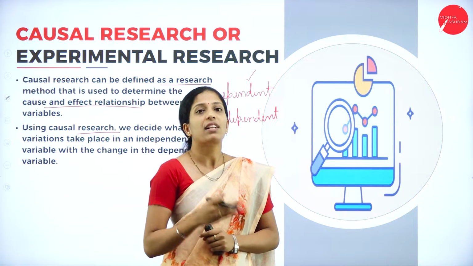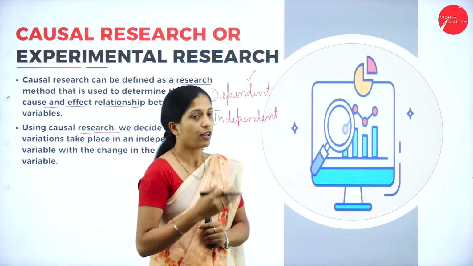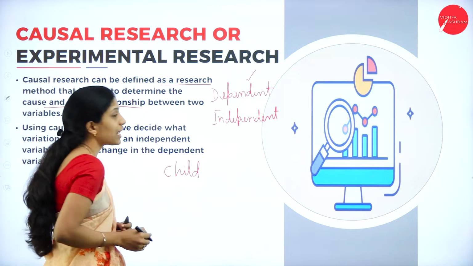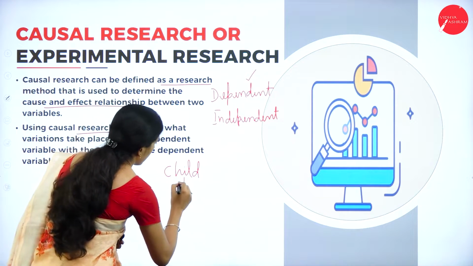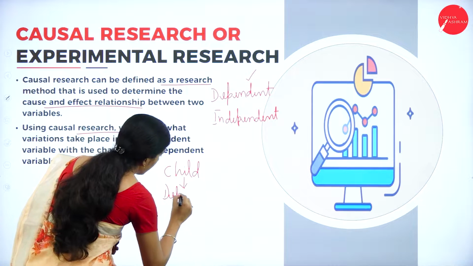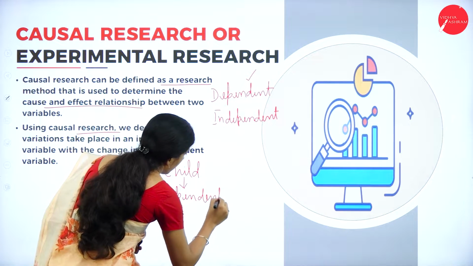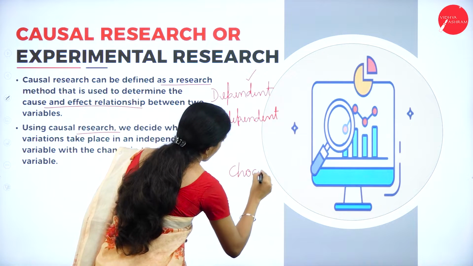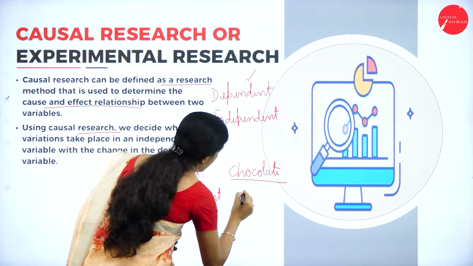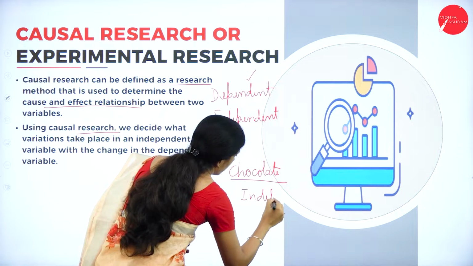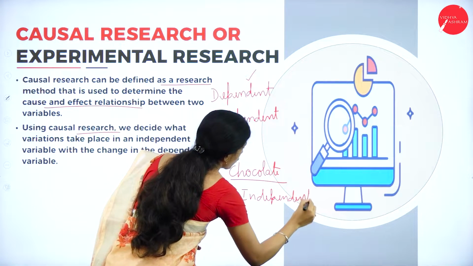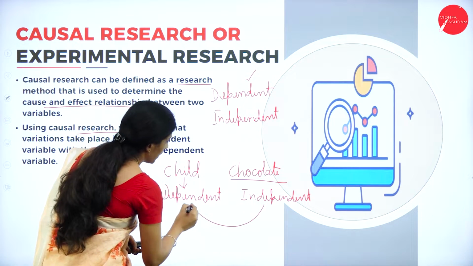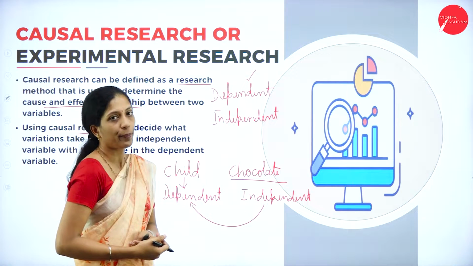For example, if a child is crying for a chocolate, there are two things here. One is the child. This is the dependent variable. Chocolate is the independent variable, where the child is crying for the chocolate. Once the chocolate is given to the child, the child will stop crying.